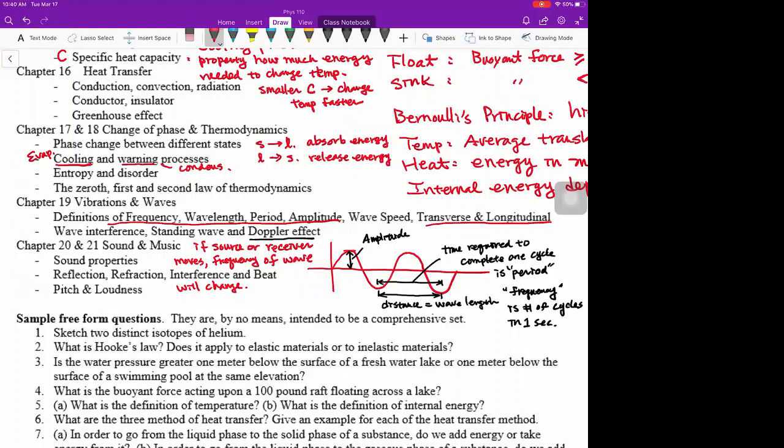If the source is moving toward you, you're going to hear a higher frequency. As it gets away from you, it's going to have a lower frequency. Same thing if you're running toward the sound source, you're going to hear a higher frequency. So the closer the source and the receiver, the higher the frequency. If the distance gets longer and longer, you're going to have a lower frequency.